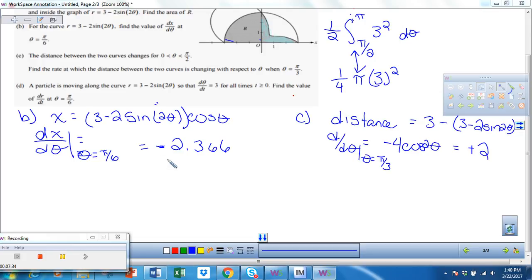All right, so for D, they want us to find d theta dt. Now, there are a couple of different ways of doing that. What I did was I just took the derivative of this with respect to t.